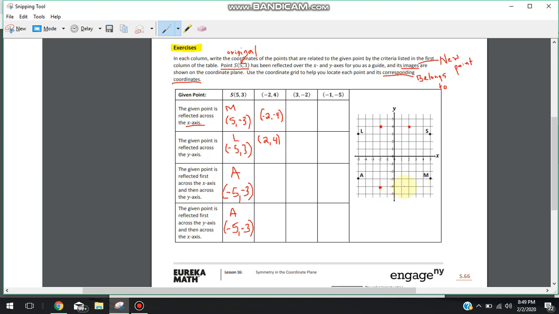That means I need to be 2 over to the right. I'm also a distance of 2 from the y-axis on this side, so I'm the same distance away. The point is in the same spot, but it's been reflected over the y-axis. So that would be 2, -4.